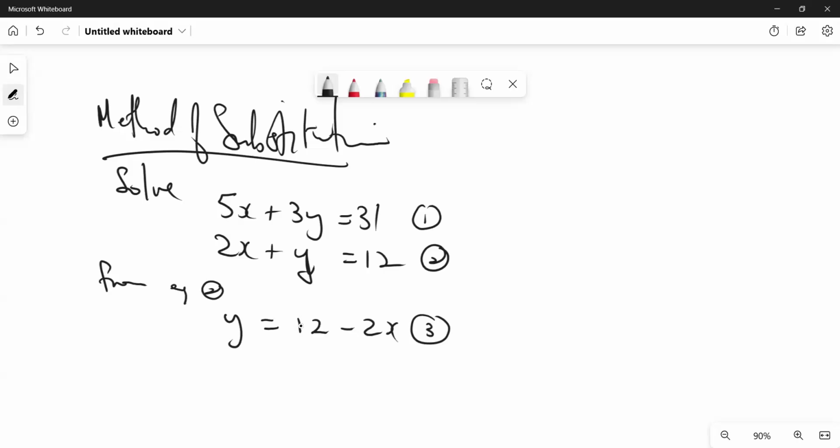So what I'm going to do, I'm going to take this 12 minus 2x because that is y, and I'll put it in the first equation where I see y, right? So I'm going to substitute 12 minus 2x for y in equation 1. And look at what we'll end up with.